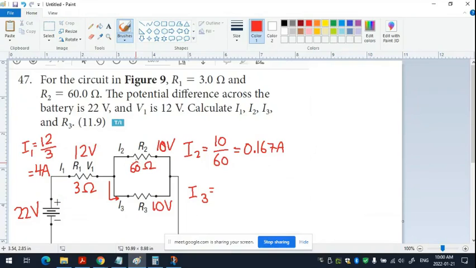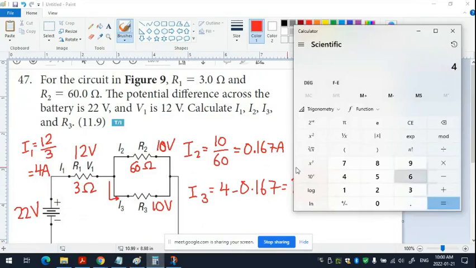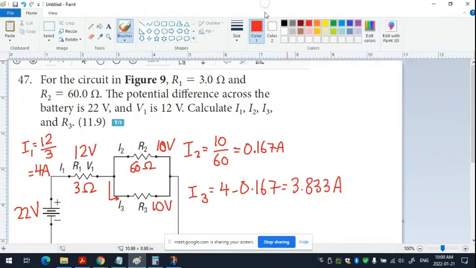The whole battery is 22. 10 for the combination, which means 10 for every part of that combination. Yep. So I3 is equal to what? 4 minus 0.167. How much is that? That's 3.833. Check: 4 subtract 0.167, yep, 3.833.